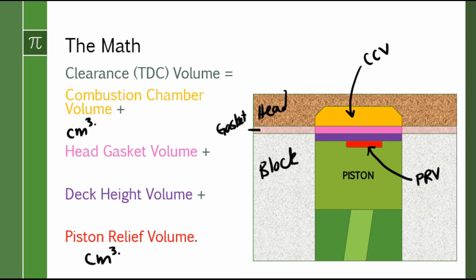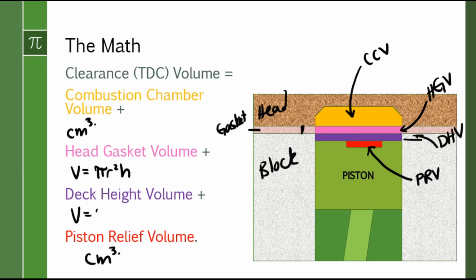However, the head gasket volume, HGV, right here is another cylinder. It's a very tiny cylinder, right? So you can use V equals pi r squared h, where you're just going to have the h be this little piece right here. Likewise, the deck height volume happens here.